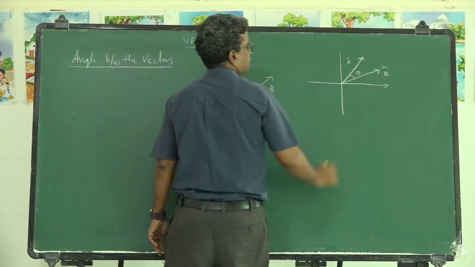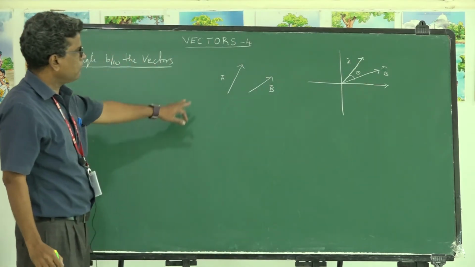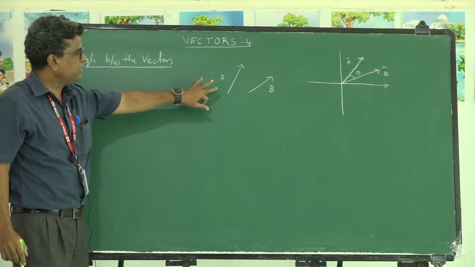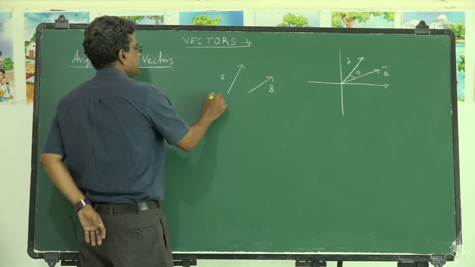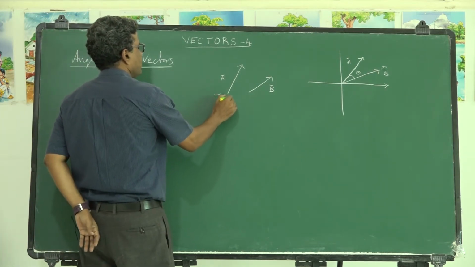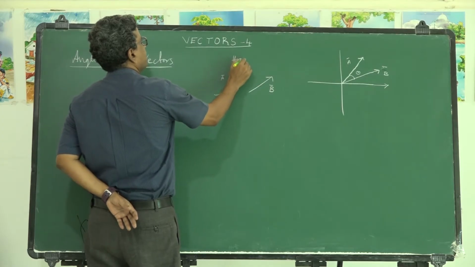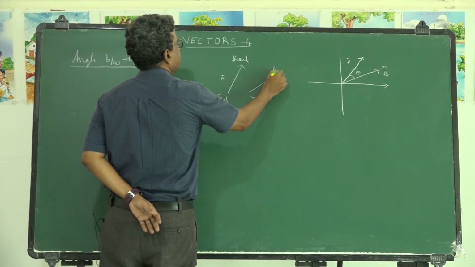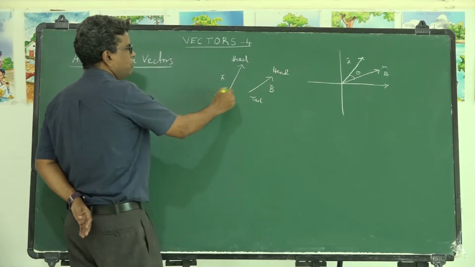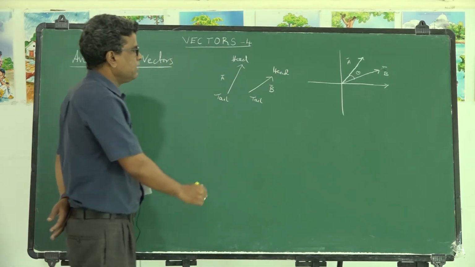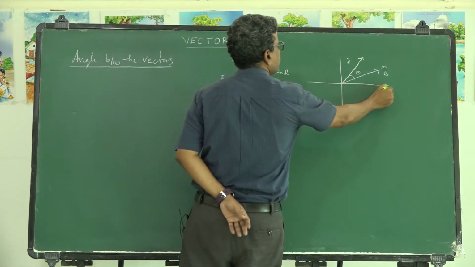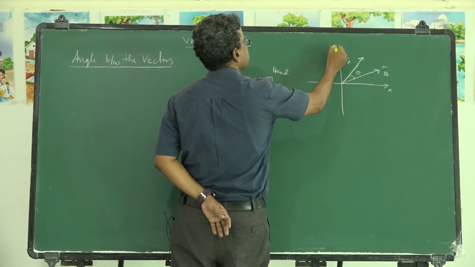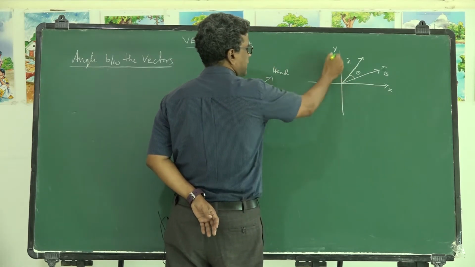Let it be theta. When you are going to measure the angle between the two vectors, this is the tail and this is the head of the first vector, and this is the tail and head of the second vector. So, how can we measure the angle between the two vectors? Choose a coordinate system, the x axis and xy plane.